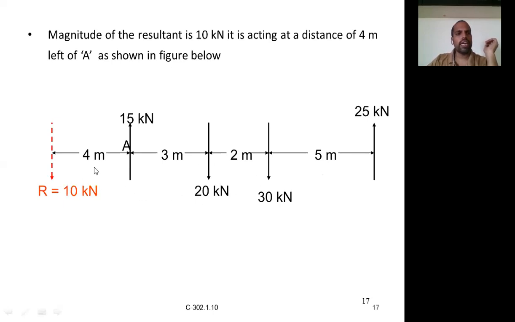Now to calculate the distance, to know the line of action of the resultant, we need to apply Varignon's theorem. So what is Varignon's theorem?